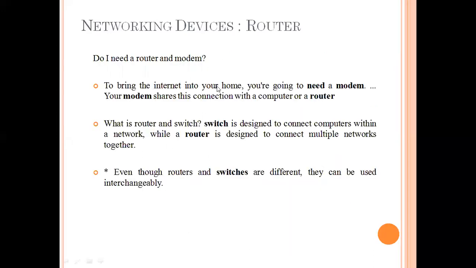You can read this first statement. To bring the internet to your home, you are going to need a modem.